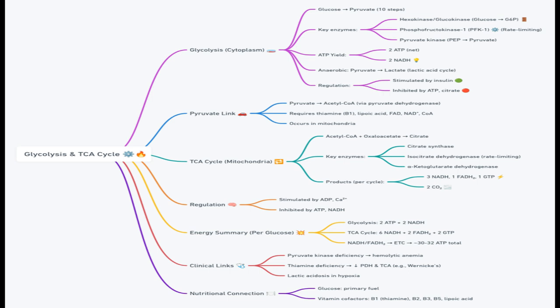Let's take, for example, step 4, where there's oxidation of alpha ketoglutarate to succinyl-CoA and carbon dioxide.